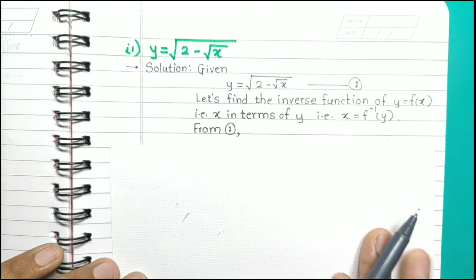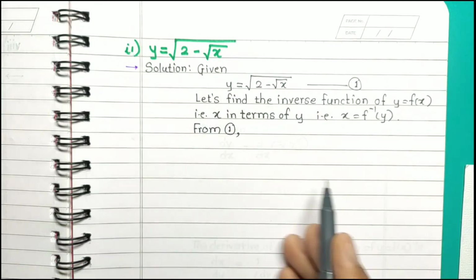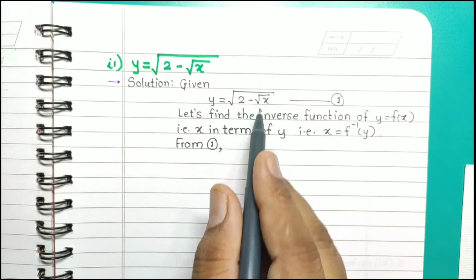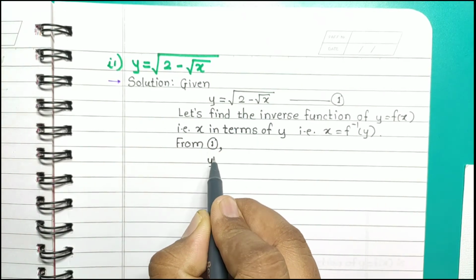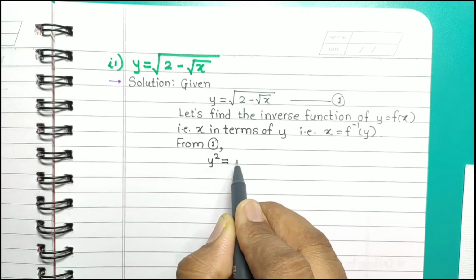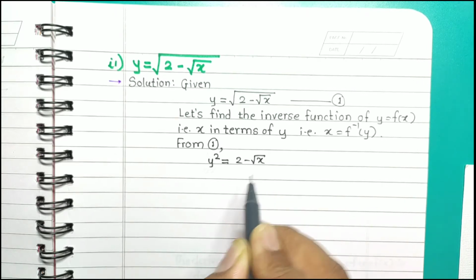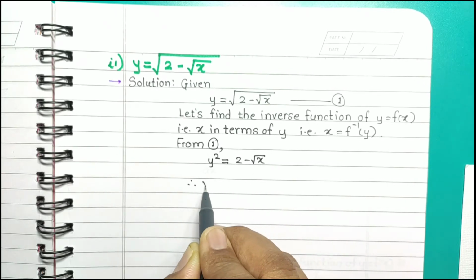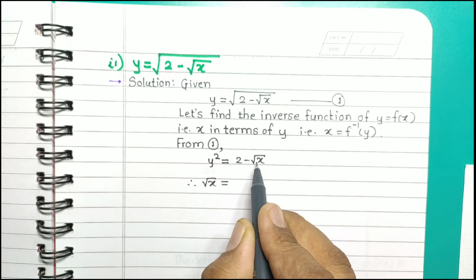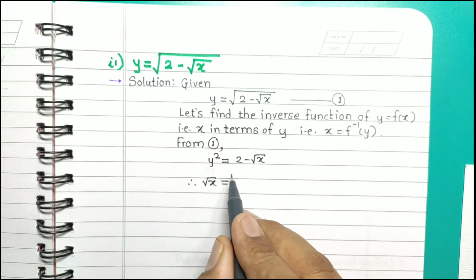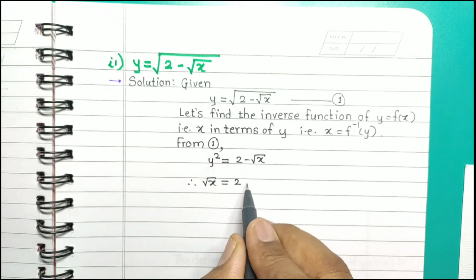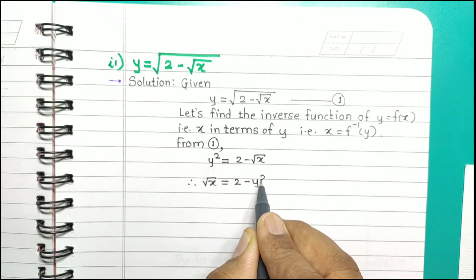So from equation 1, squaring on both sides, we have y square is equal to 2 minus root x, and therefore root x is equal to 2 minus y square.